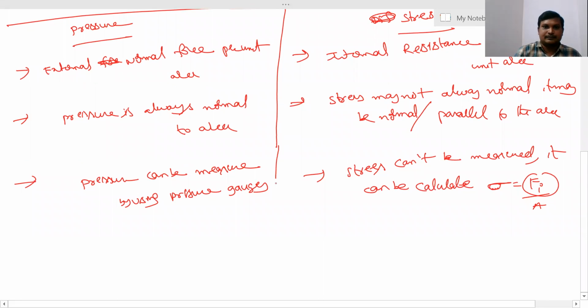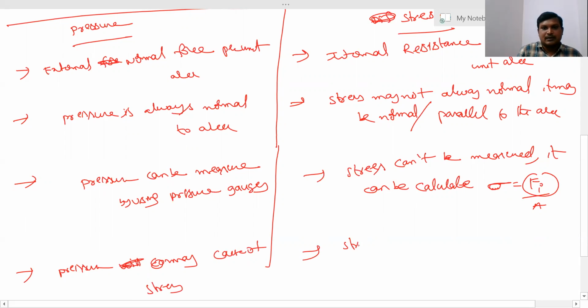Next, pressure may cause stress, but stress may not develop pressure.